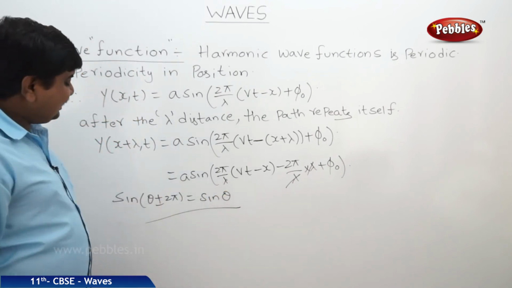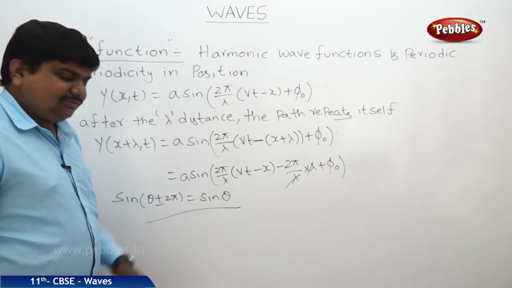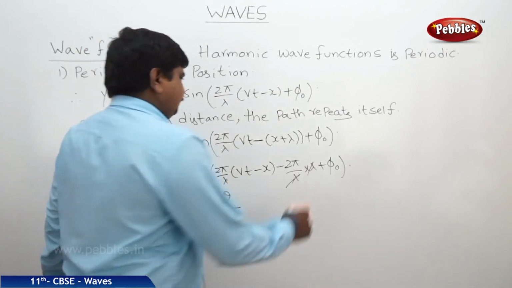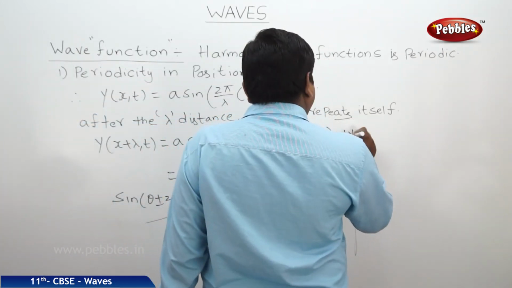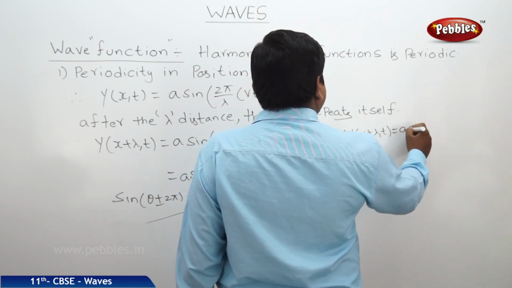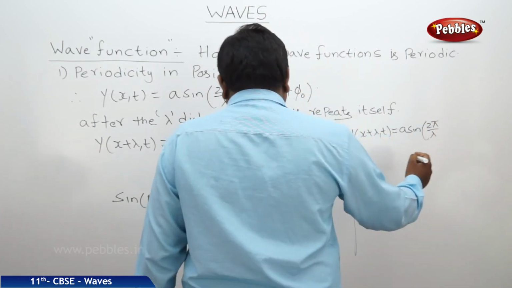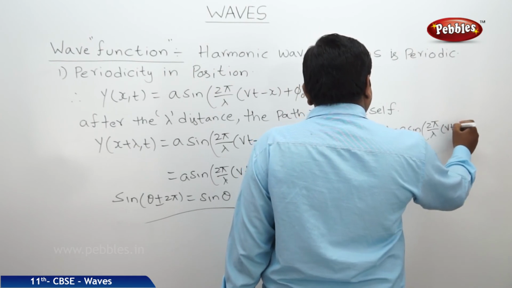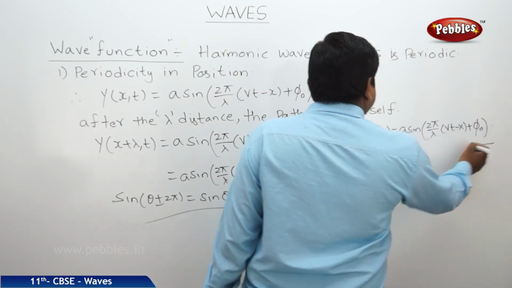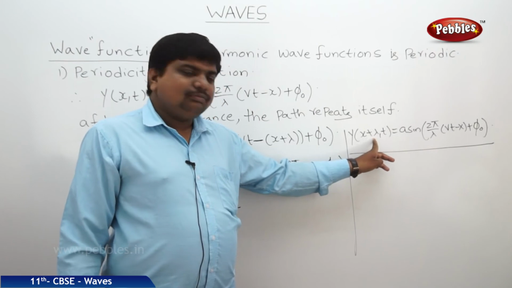After the 2 pi angle, the wave repeats itself. Therefore in place of all this we can write sine theta. Therefore y(x plus lambda, t) is equal to A sin 2 pi by lambda into (vt minus x) plus phi naught. So harmonic wave functions are periodic in position.